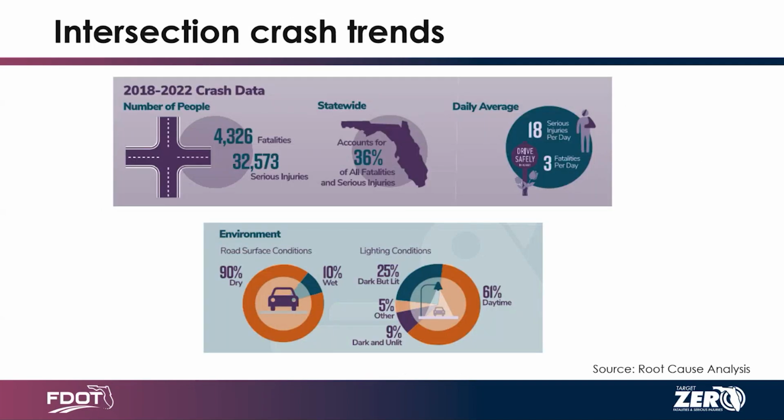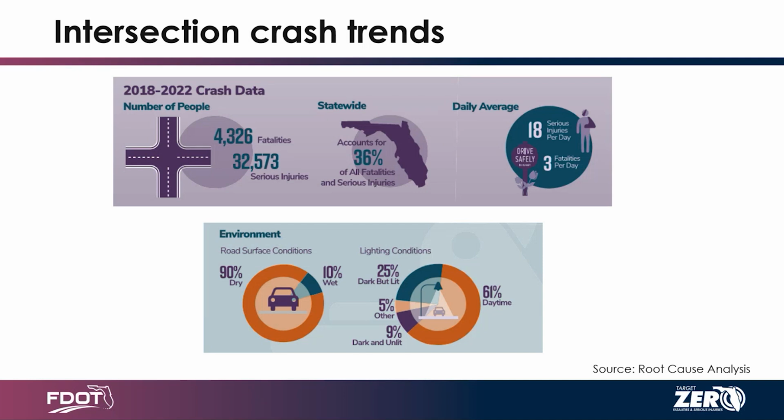And so that was 2017 through 2021. This slide is 2018 through 2022. It's a similar number of fatal and serious injury crashes.